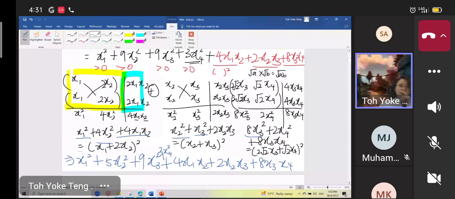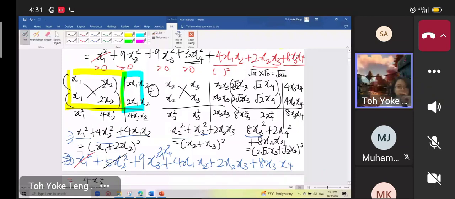Okay, so since you use some of the terms, this part is the terms you are using to do the factorization. So from the main equation here, you borrow 1x1 squared to do the operation. So now x1 squared is used already, and then this one, you have 9. Oh, sorry, I shouldn't cancel it off. Okay, and then you borrow 5 to do the operation, so the remaining term is 4x2 squared.